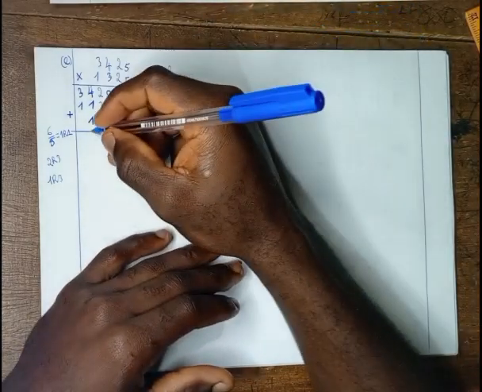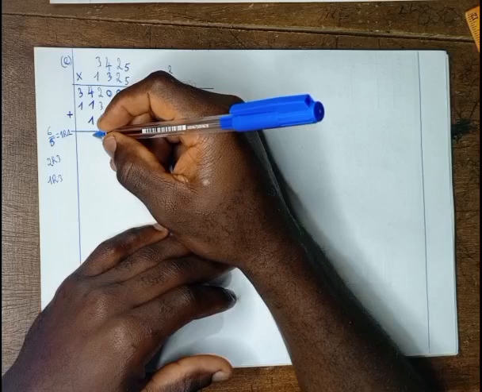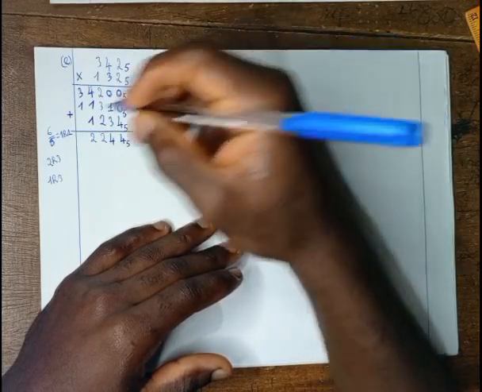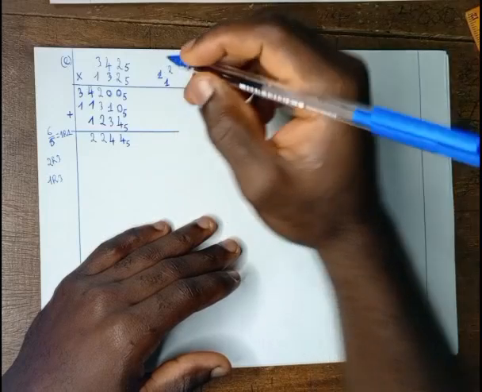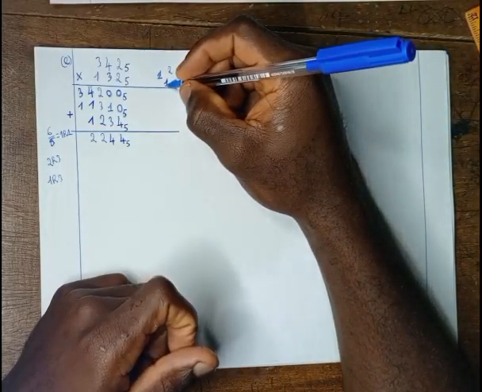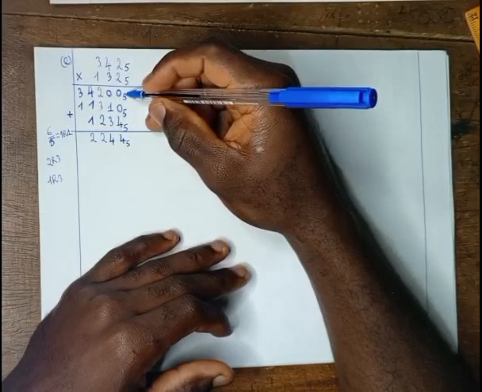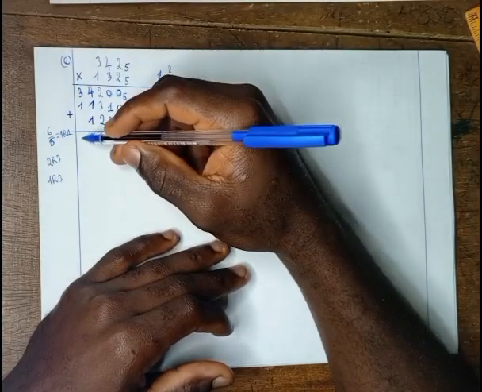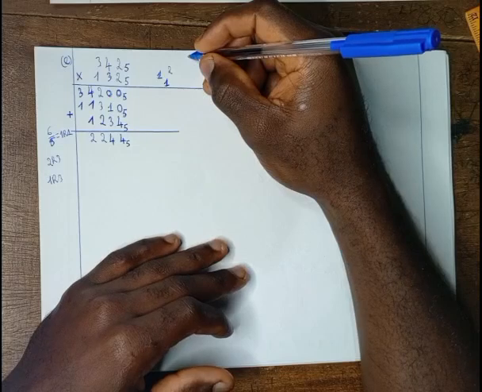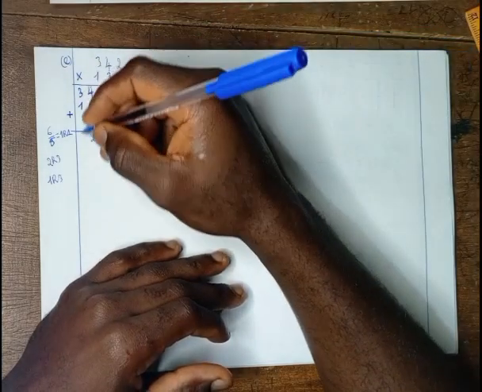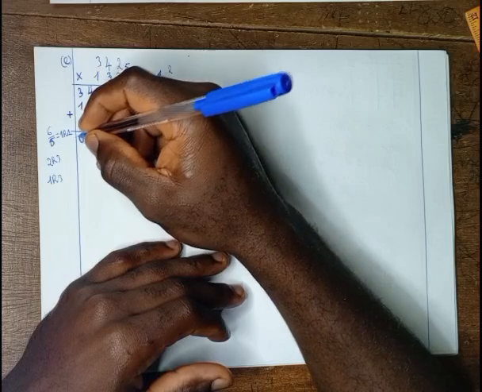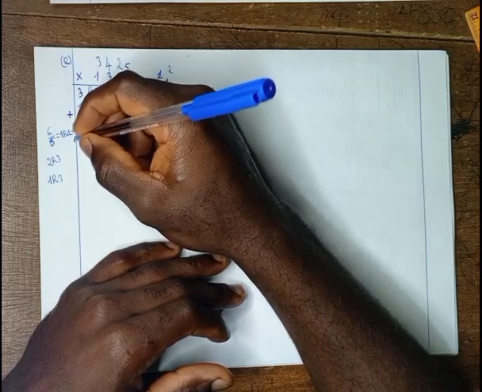7 in base 5 gives us 1 remainder 2. Write down the 2 here. We carry 1. 3 plus 1 gives us 4. 4 plus 1 gives us 5. Since we are working in base 5, we cannot write down the digit 5 here. 5 divided by 5 gives us 1 remainder 0. We are going to write down 0 here. Then we write down the 1 at a higher place value.